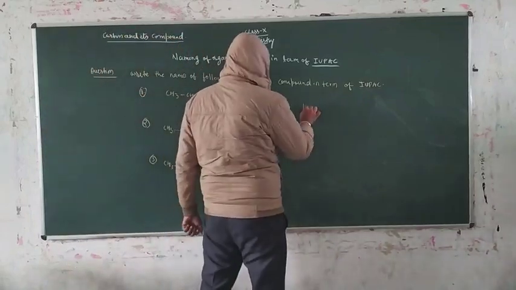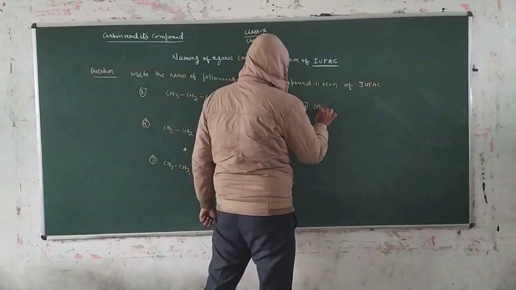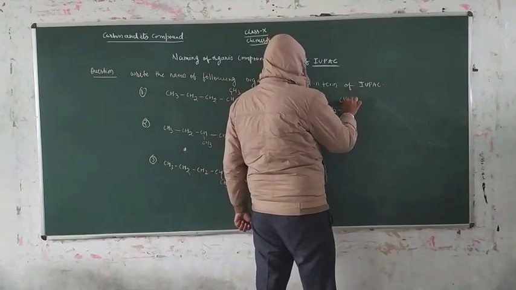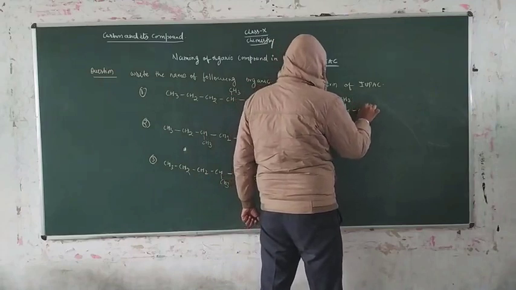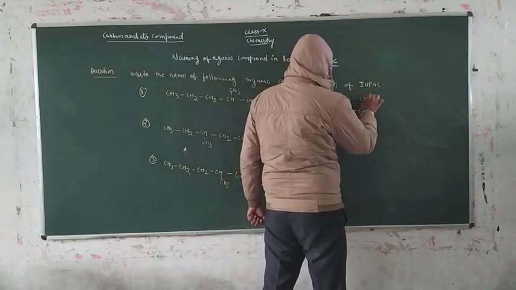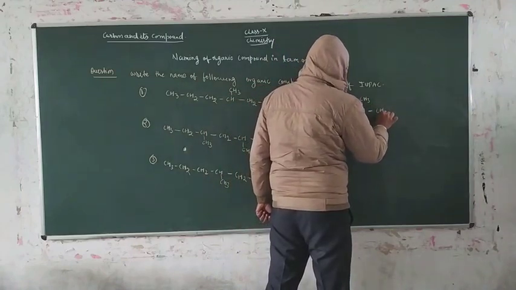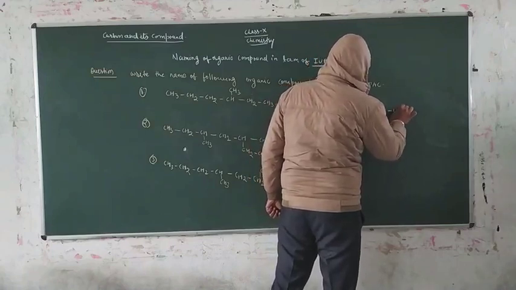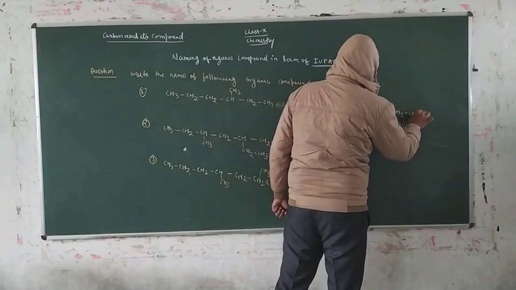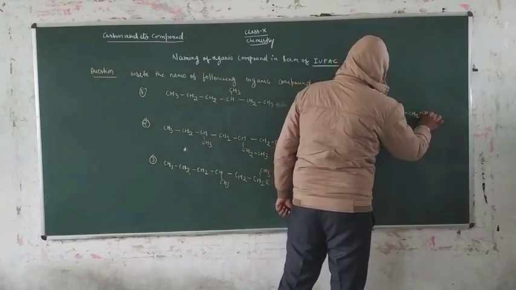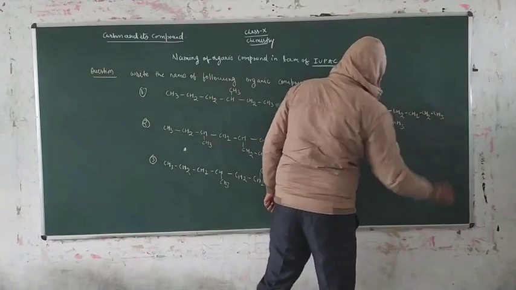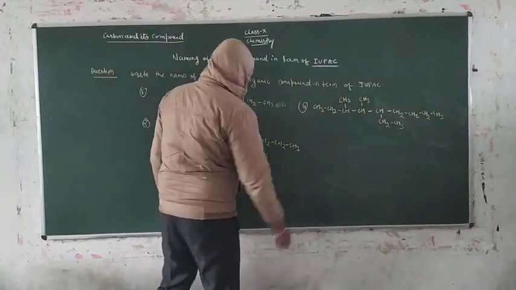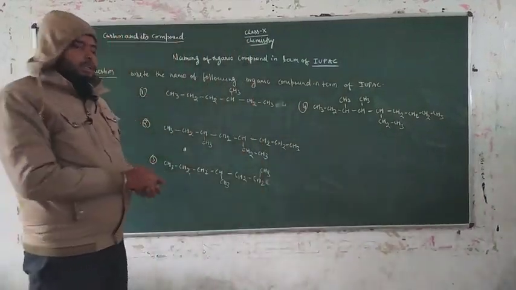Question number 4 is here: CH3, CH2, CH, CH3, CH, CH3, CH, CH2, CH3, CH2, CH2, CH2 and CH3. That means we have to discuss only 4 questions.